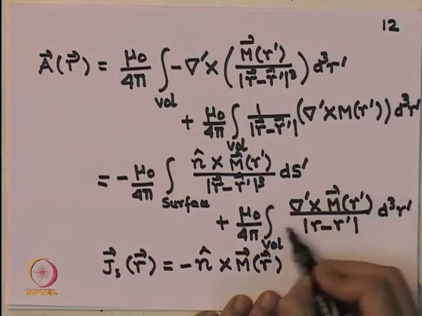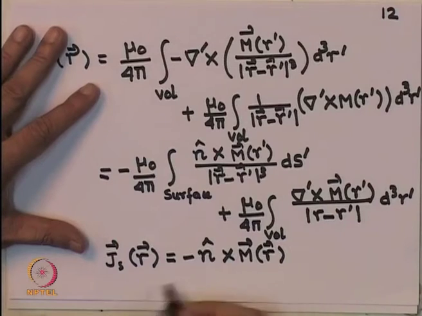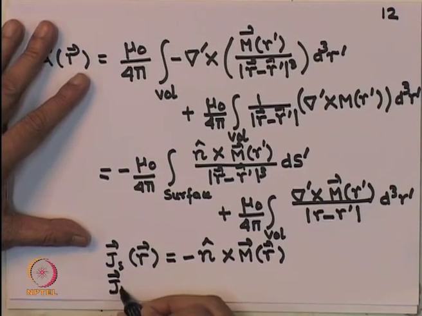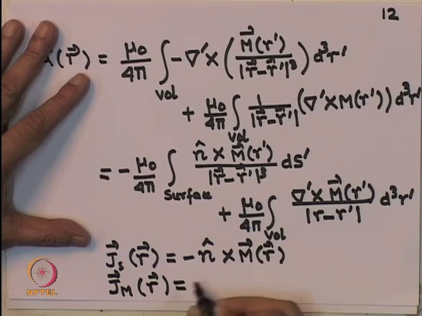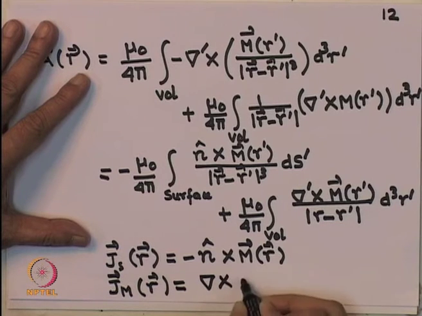And this is my volume current density, which is simply del cross. So, the magnetization current density J m of r is equal to del cross m of r.